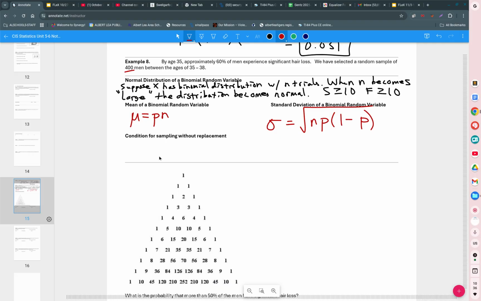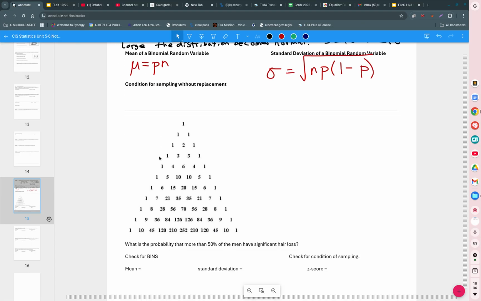Well, you can't do that with these people you take out. It's not like you could take one out and put it back in the field. That doesn't really work very well, does it? It's not like you're going to select one guy at random and then put him back in the field and then choose somebody else. You're generally choosing that 400 altogether. That can be kind of an issue, but it doesn't have to be. You don't have to go back and do the replacement if this is the case.